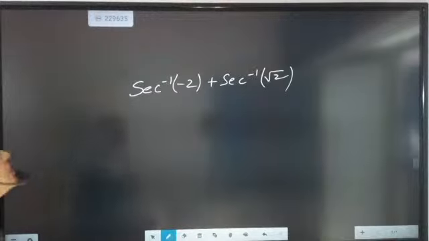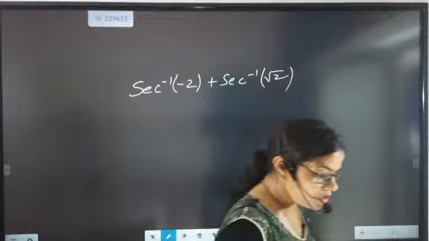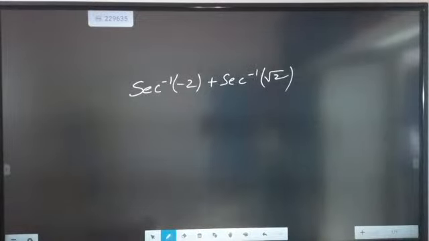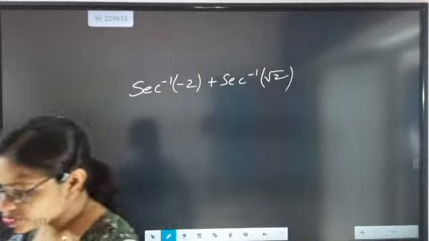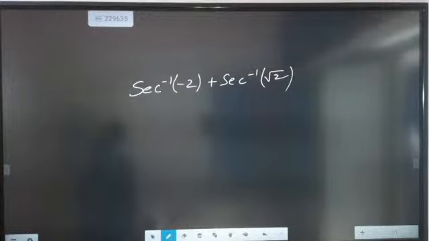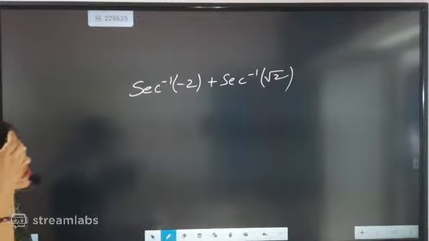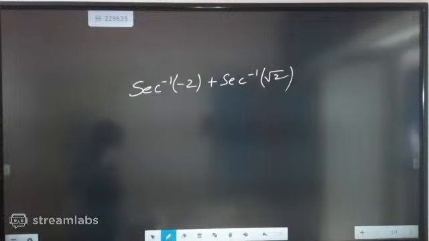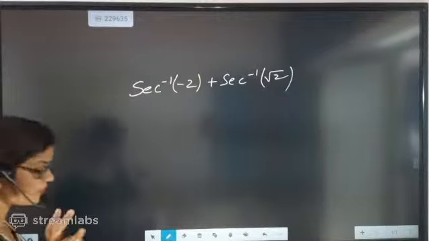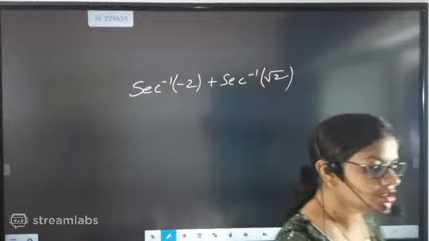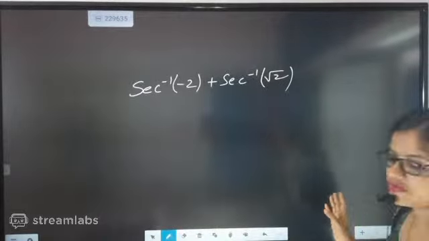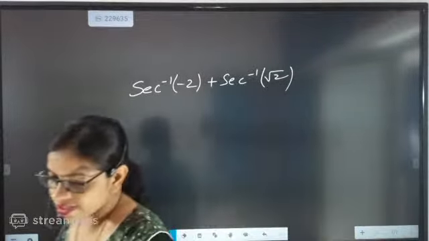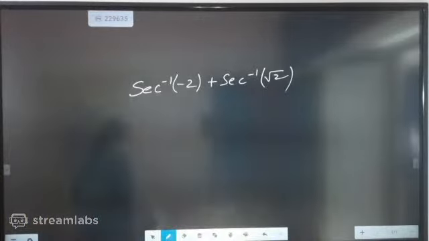Let's see who is going to solve this first. Don't give up this question. Very easy question. Think about it. Secant inverse minus 2, very easy. You will find it out. Secant inverse root 2, very easy. You will find it out.